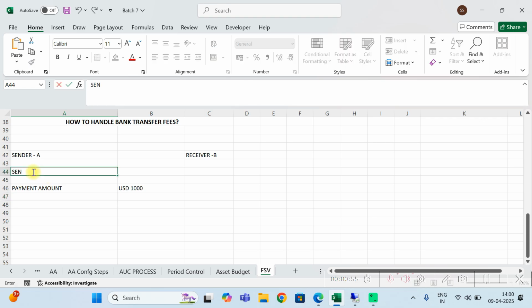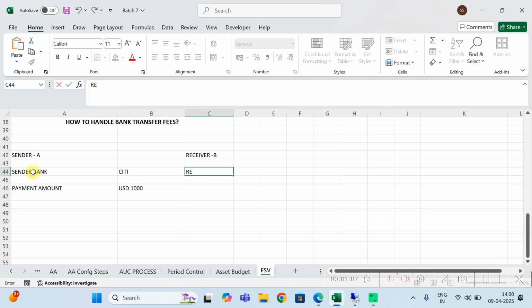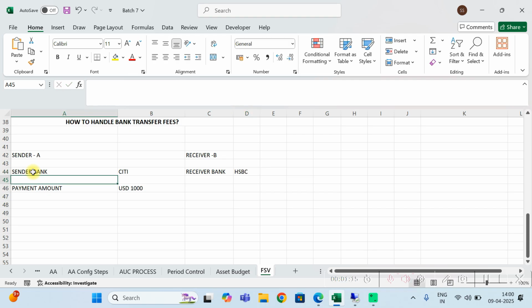Let's assume the sender bank is, for example, Citibank, and the receiver bank is, for example, HSBC Bank. Okay. This is the scenario.